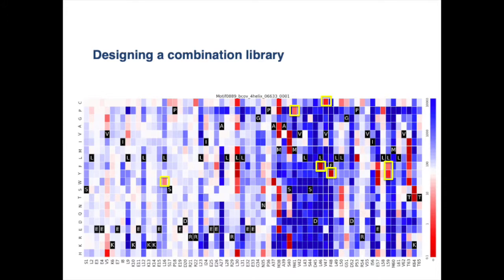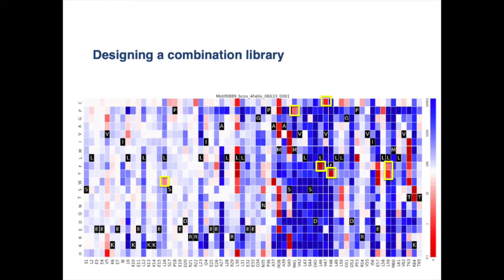The next thing we do with it is, when you do get a validated design model, you can then design a combination library to check to see if a few mutations to this protein would cause it to work better. So this is an example, once again, of the validated model that I showed you 2 slides ago. Here I've highlighted a few of the residues that we might include in a combo library.